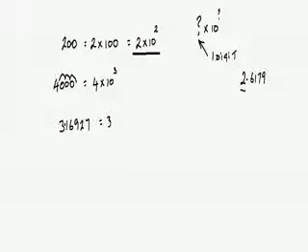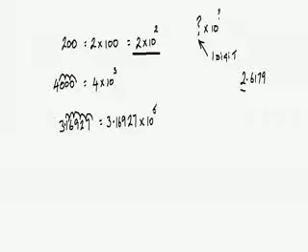So it's going to be 3.16927 times 10 to the power of 1, 2, 3, 4, 5. Job done.